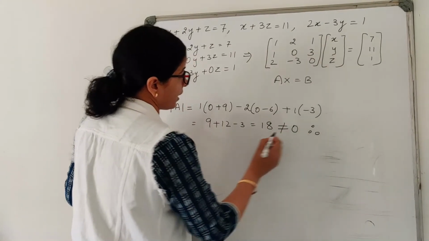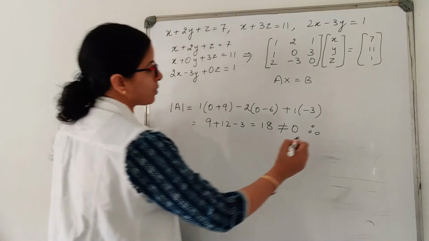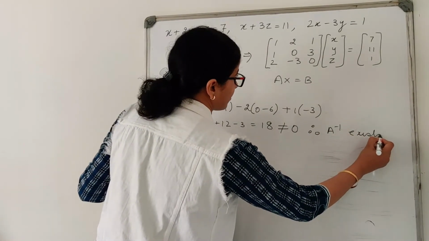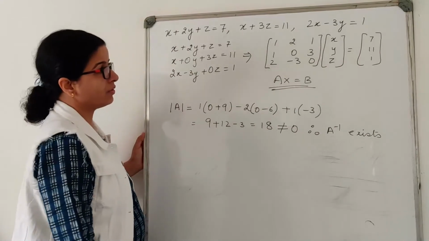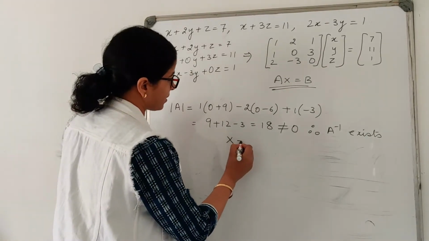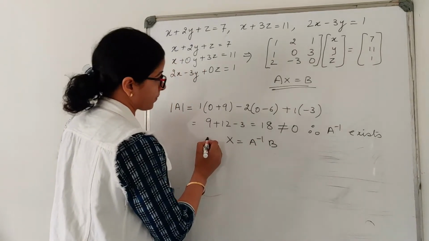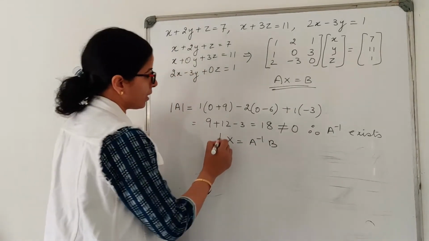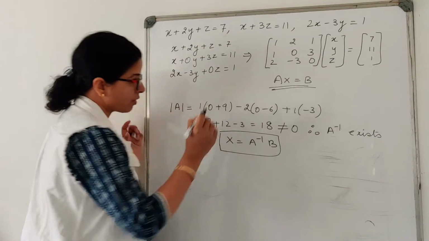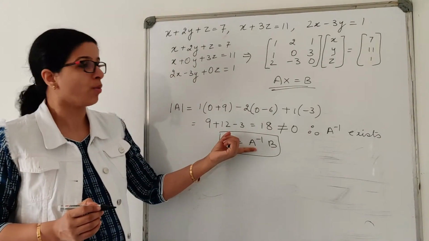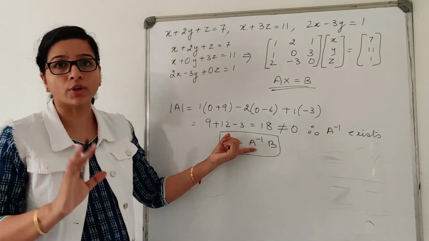Hence, if determinant is not equal to 0, it means A inverse exists. From this equation what we can derive? That X is equal to A inverse B. Is that clear? Now for A inverse I require adjoint. Okay, what is adjoint? Transpose of the cofactor matrix.